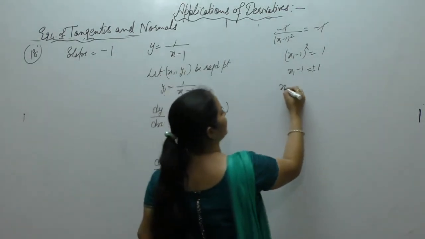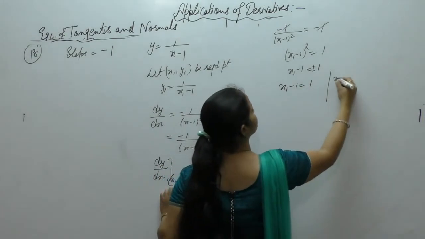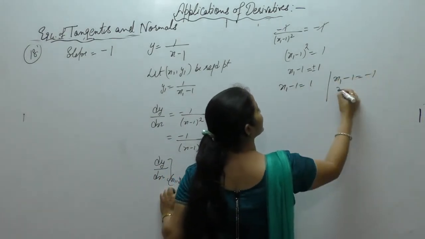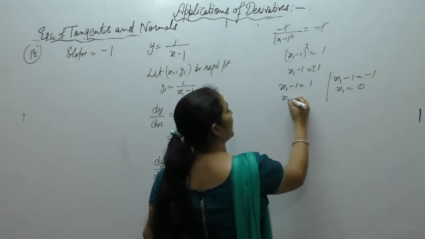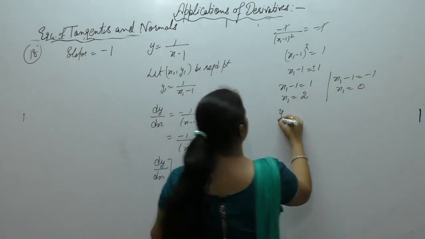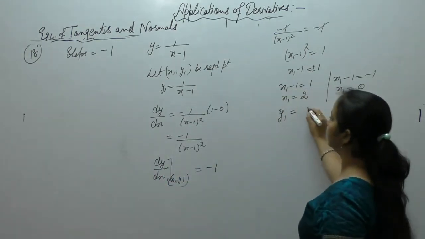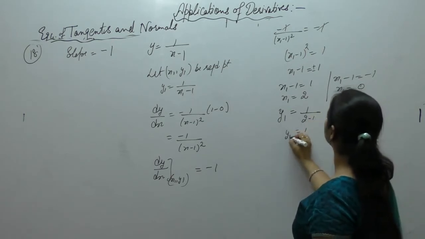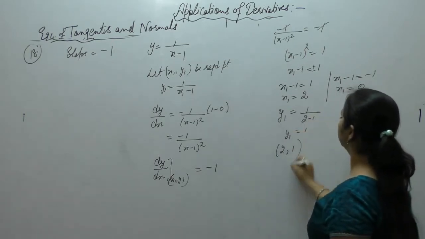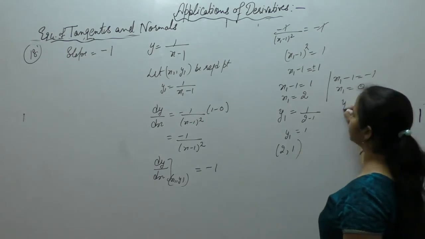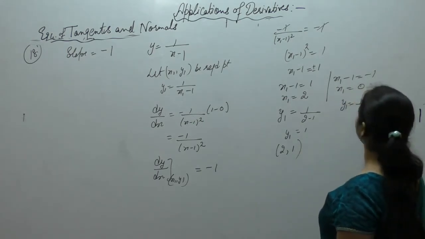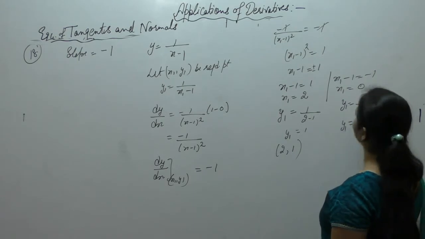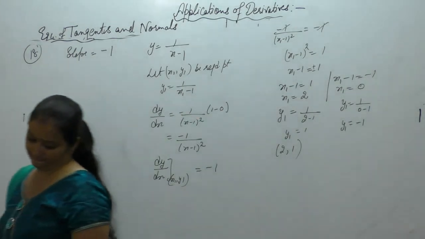Now from here we can find the value of x1. Minus 1 plus 1. 1 plus 1, 2. Now y1 is 1 upon 2 minus 1, 1. So x is 2, y is 1. x1 is 0. 0 minus 1, y1 is minus 1. Clear?